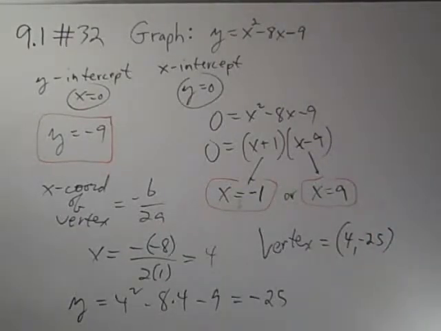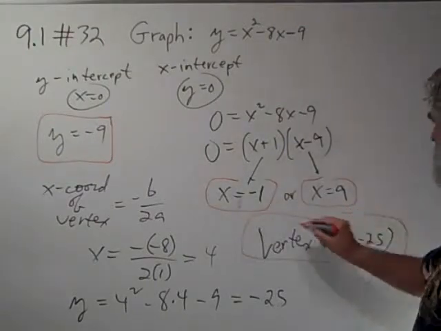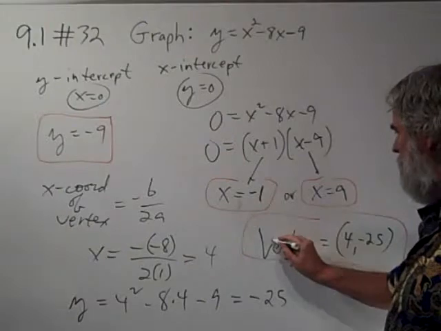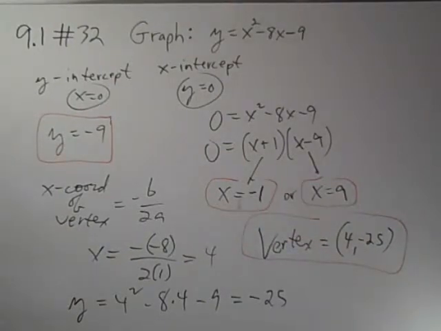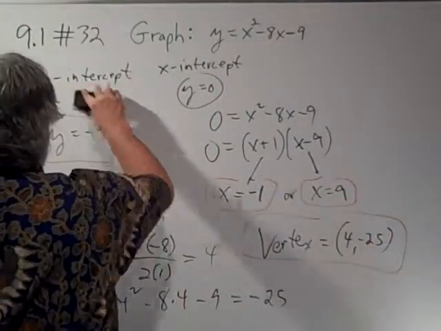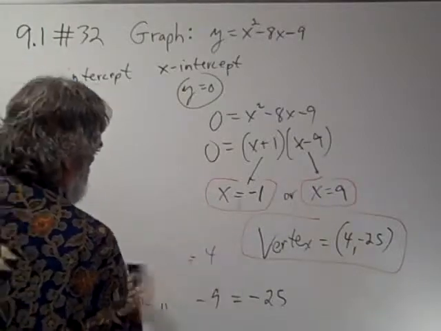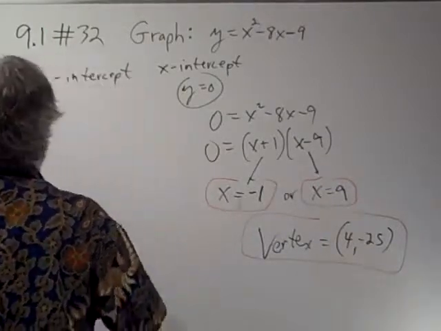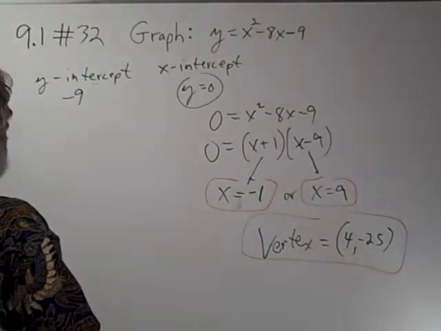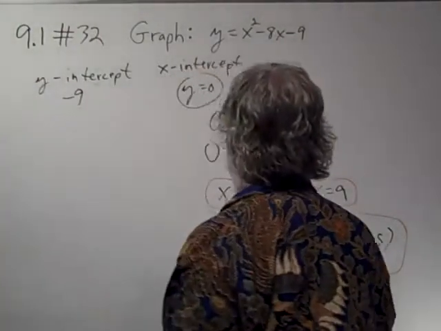So now we know the intercepts and the vertex. And with these, we should be able to come up with a pretty good graph of this equation. So let me put the intercepts here. Y-intercept is negative 9.